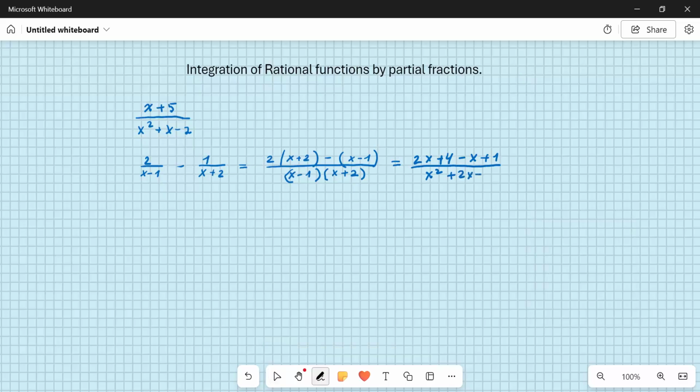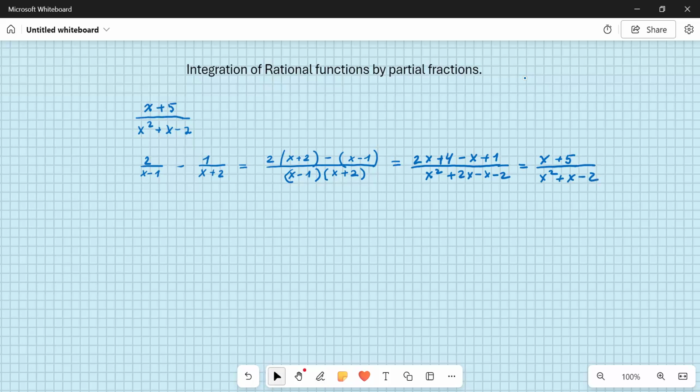Plus 2x minus x and minus 2. So in numerator, I'm going to have 2x plus x, that's 3x, and 4 minus 1 is going to give me 3. In denominator, I'm going to have x squared, and then 2x minus x is going to give me just x, and minus 2.